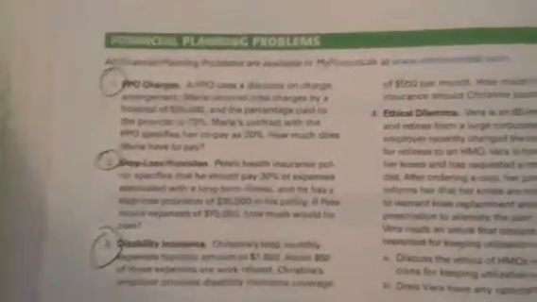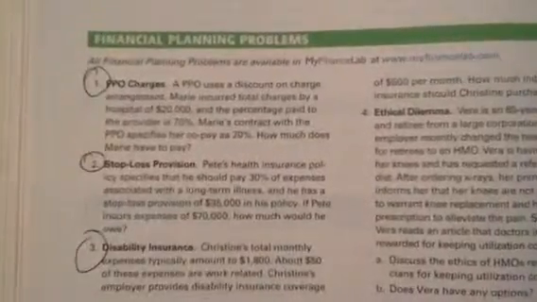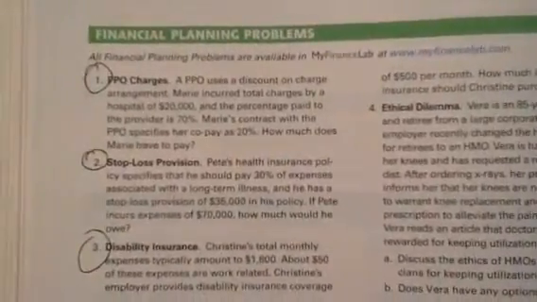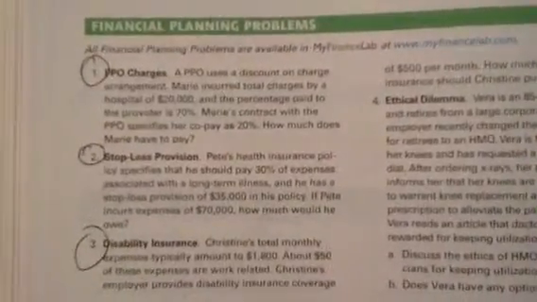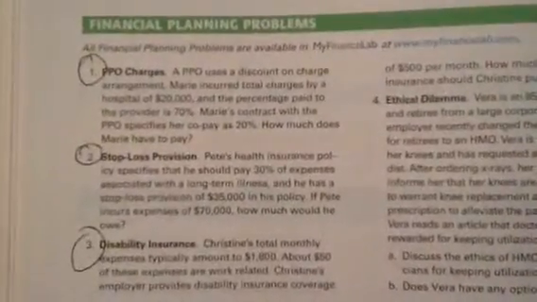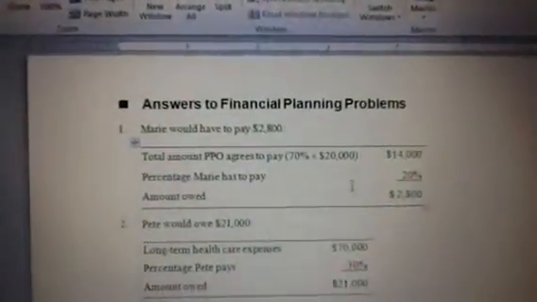If $20,000 is the charge, the insurance company has the bartering power to where it's only 70% of that. That's $14,000. Right, 70% of 20,000. This is just 20,000 times 0.7, or 14,000. Well, of that 14,000, Marie has to pay 20% of that. So when you see here on my screen, Marie would have to pay $2,800.